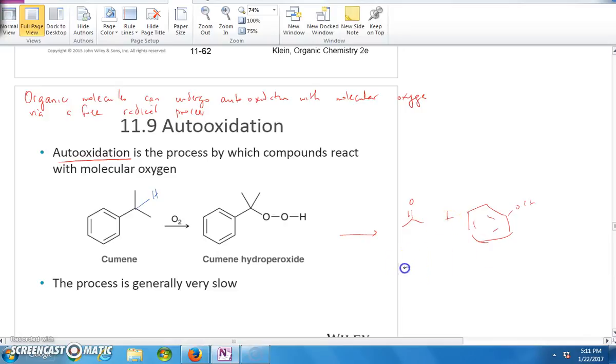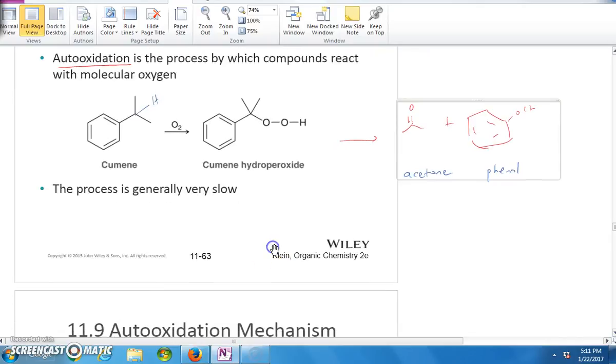So the synthesis of acetone and phenol, which are two very important industrial chemicals. And the way this proceeds is via cumene.